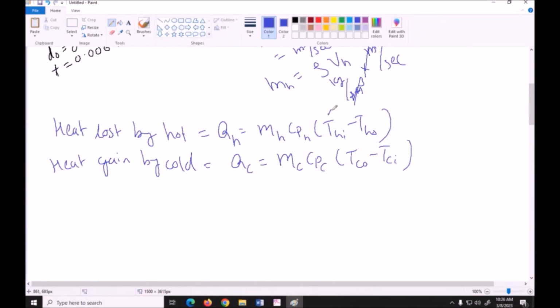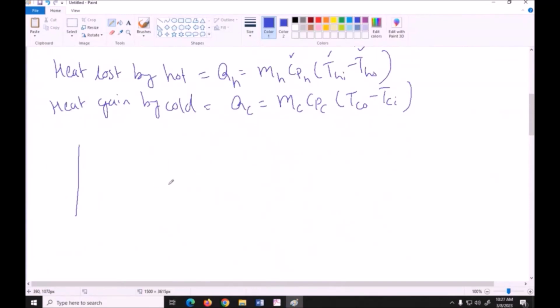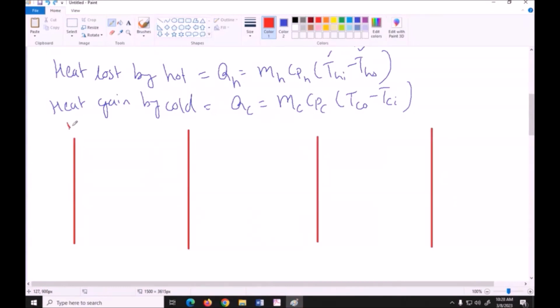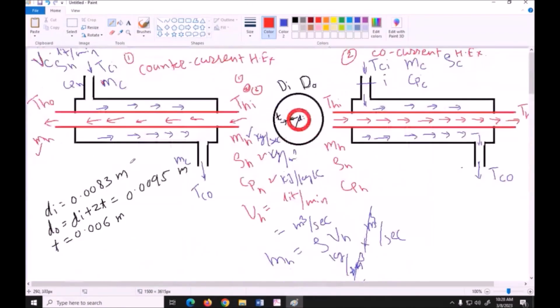By knowing the temperatures, we can take the average temperature and find out the specific heat. We can find out the mass flow rate by knowing the density. If you plot the temperature variation for hot water and cold water, considering inlet and outlet, suppose this is counter current and this is co-current. For counter current first, where is the hot water entering?